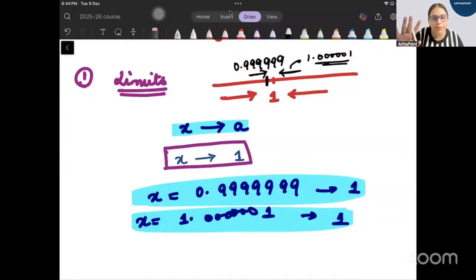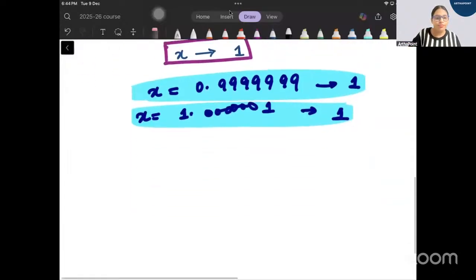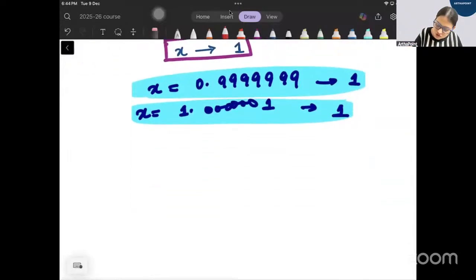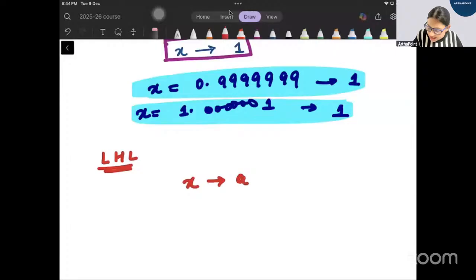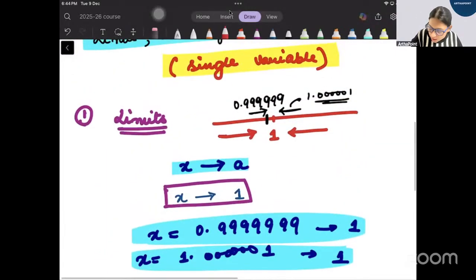We are approaching 1. Now, in this, we have something which is called as the left hand limit. Left hand means from my left hand. I think it's a mirror image. It may seem right to you. From my left hand, I'm going towards that number, right? So we say like this. X approaches a minus. Mane, I am going towards 1, but from the left hand side.